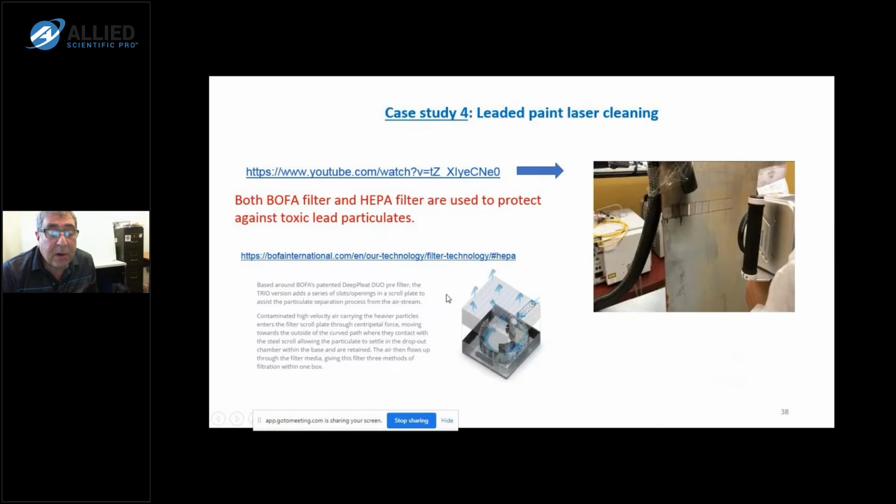And then the rest of the particles go through the filter. The air flows through the filter media. So several stages of cleaning and filtering are done. So you need to use this to remove the paint.